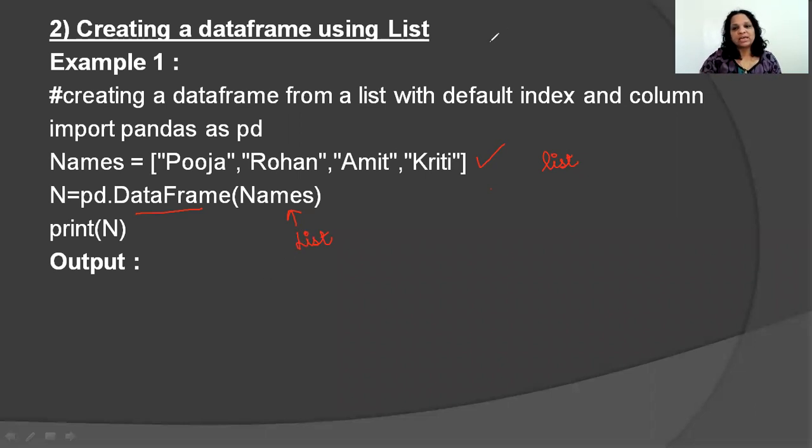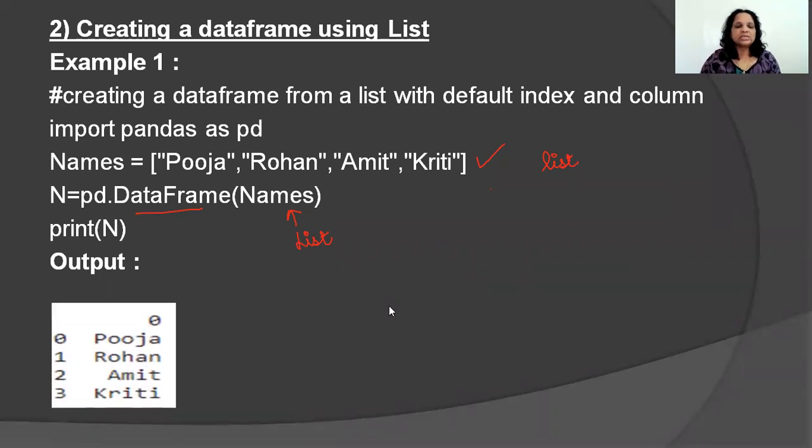If I ask to show the output, this is what you're going to see. Can you see Pooja, Rohan, Amit, Kriti? They're all elements of your list named names. So every element of your list becomes one row of your data frame.